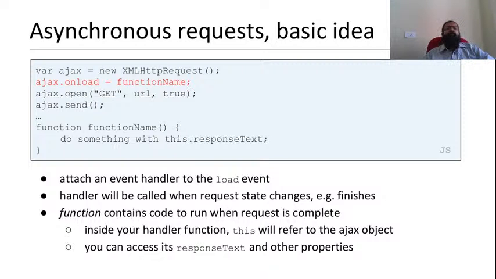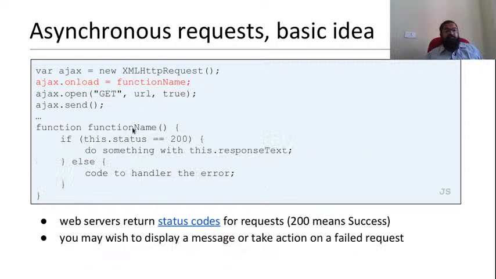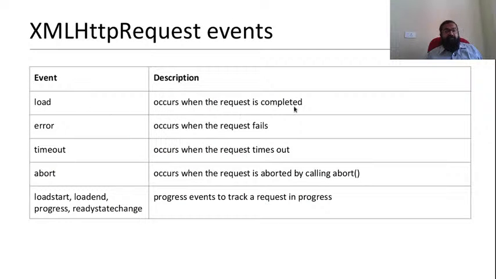We create a new object of XMLHttpRequest called ajax, and on ajax onload, that is an event, we have to handle it by a function called function name. Then that is the configuration: ajax.onload, whenever the ajax has returned the response. That is what it means: occurs when the request is completed.